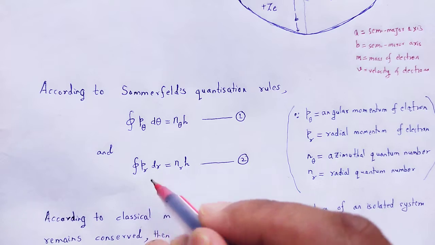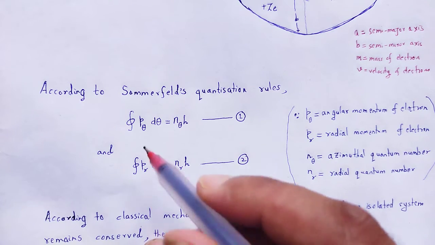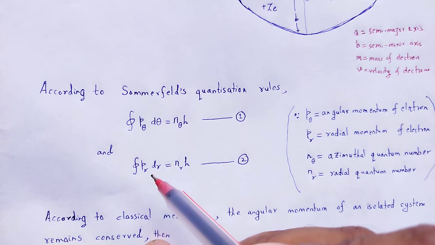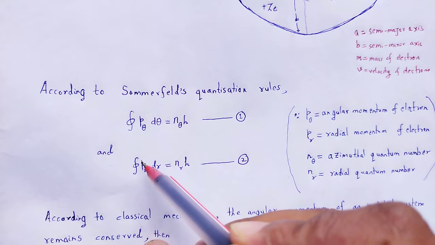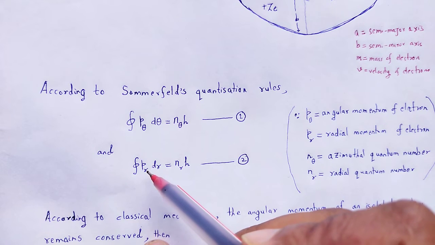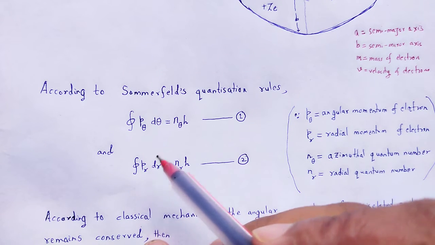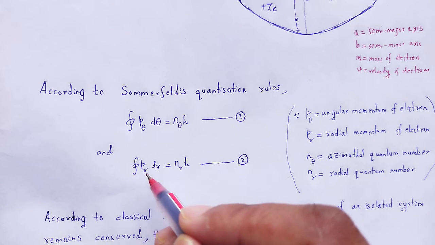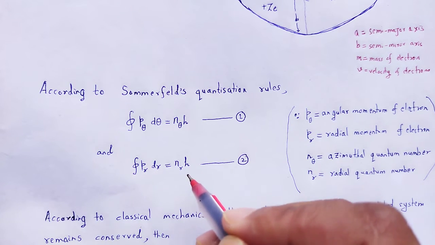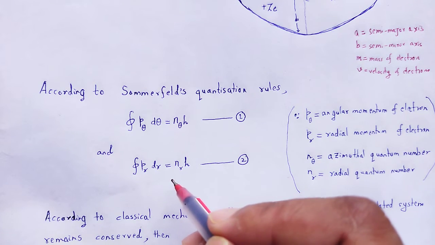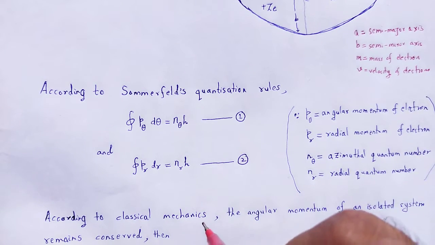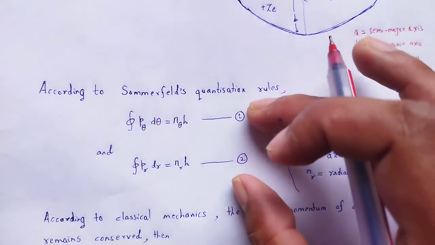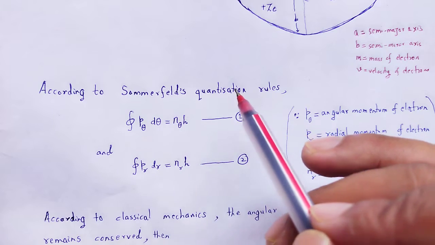Next, the momentum developed due to the change in distance is called the radial momentum, denoted by pr. That radial momentum is also quantized: the closed integration of pr dr is equal to nr h, where nr stands for the radial quantum number. So these two momenta are quantized by Sommerfeld's quantization rule.